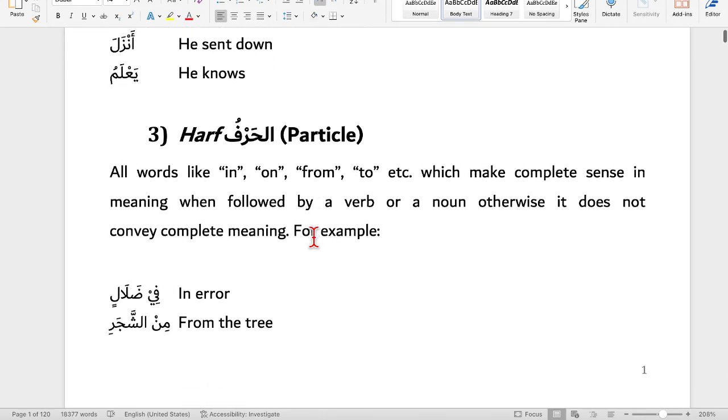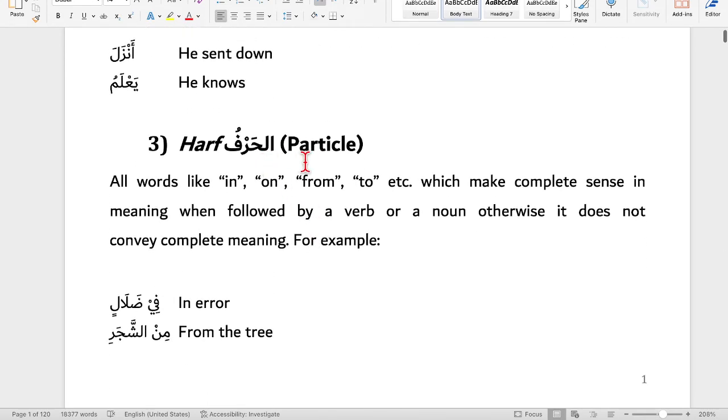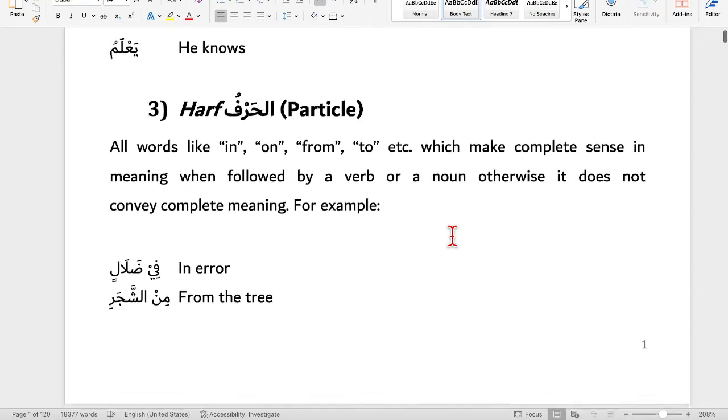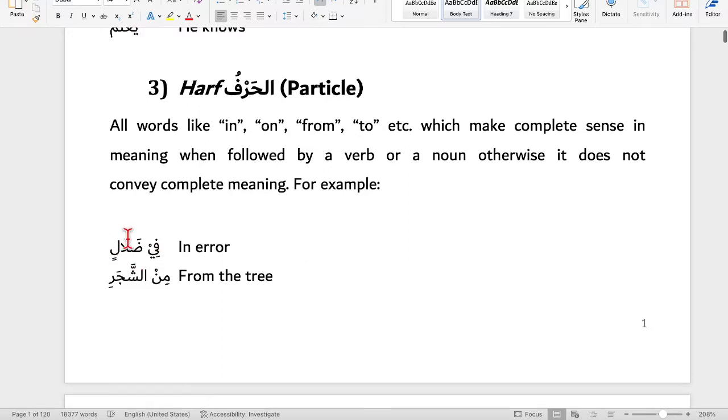And the third word is the harf, which is a particle. These are words like in English we have in, on, from, to, which will only make complete sense when they are followed by a verb or a noun. For example, zalal is a noun, and a preposition or a particle is attached to it.